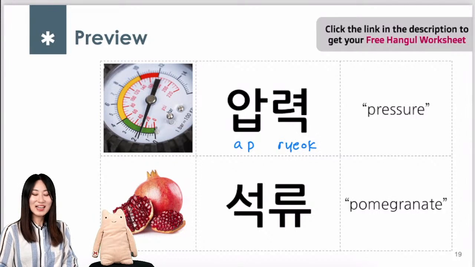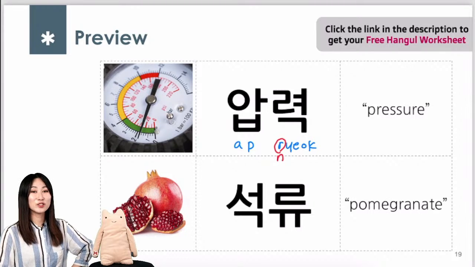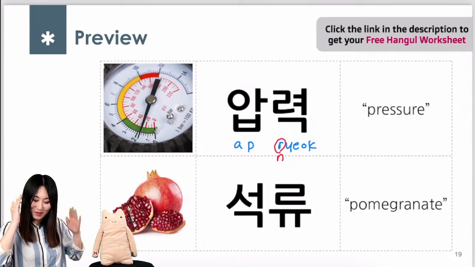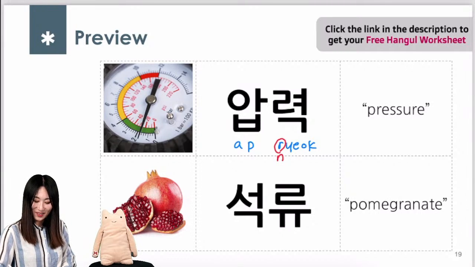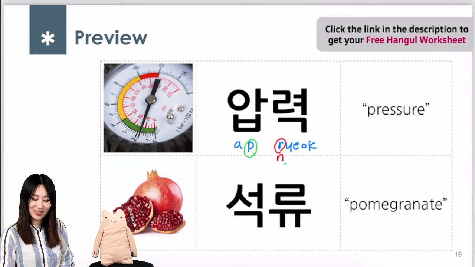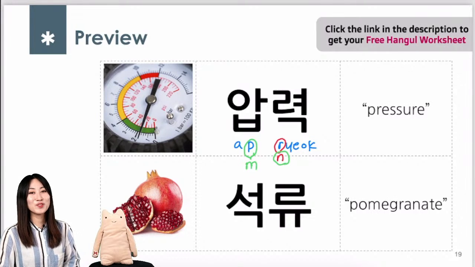I noticed something. There is an air blocking sound near the ㄹ, so it becomes like this, 압녁. And now, I already gave you a hint. Now I see this air blocking sound meeting the nasal sound, so it becomes 암녁. So this is how Korean people pronounce it.